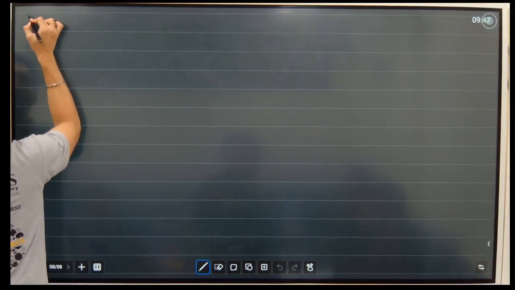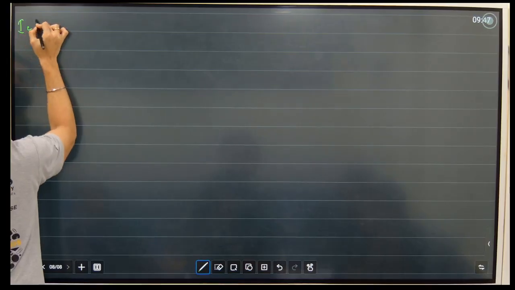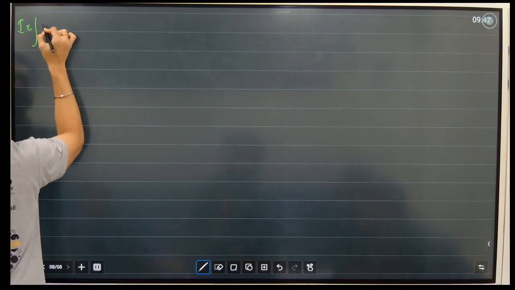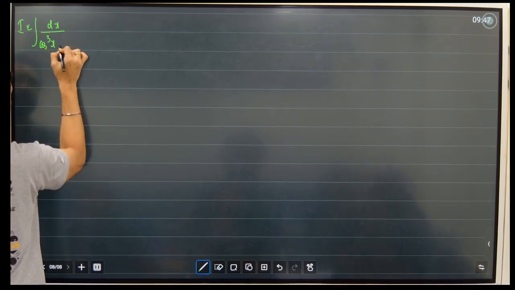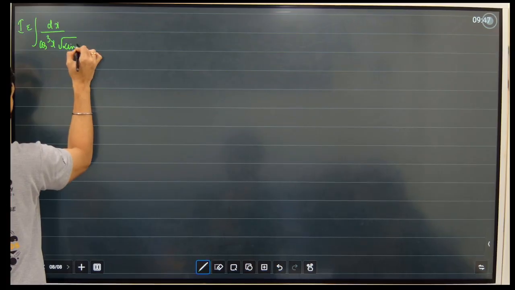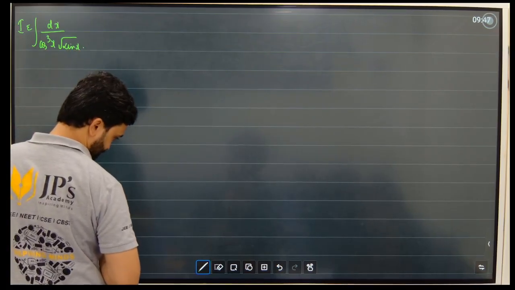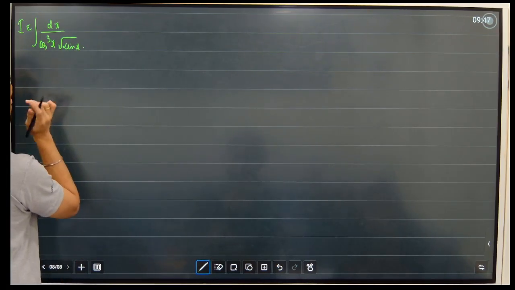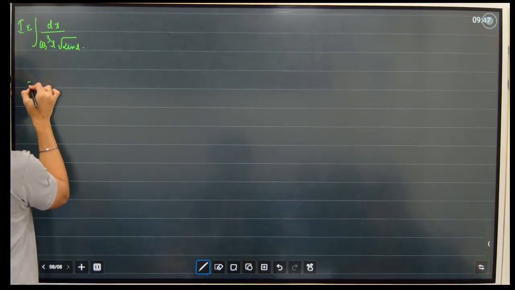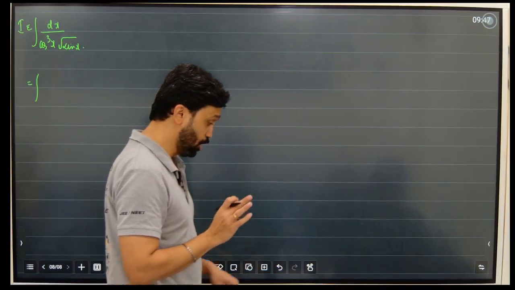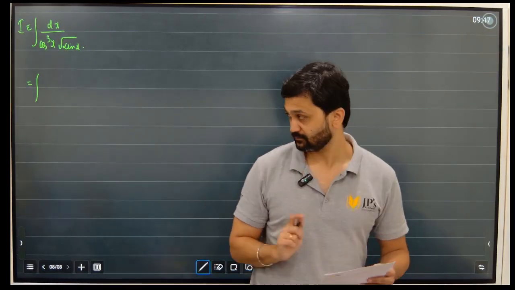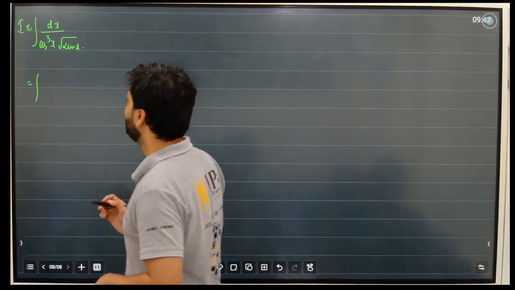Now if I solve this sum, I'll solve this sum as half and you'll continue this sum. dx upon cos cube x into root sin x. Now pay attention to this sum. I will write this as dx upon cos cube x root sin x.